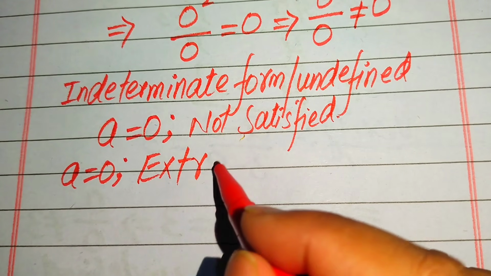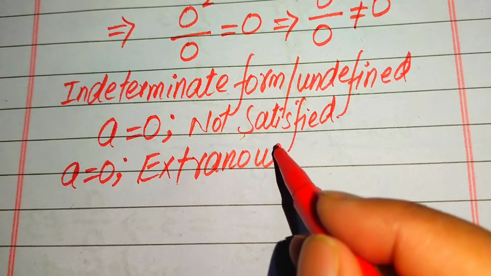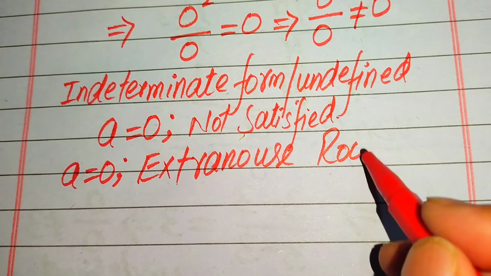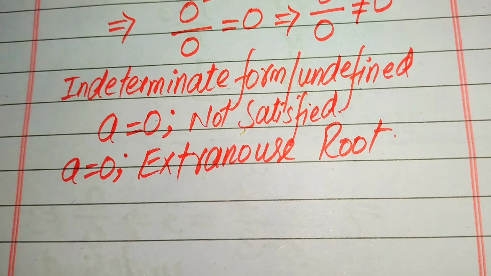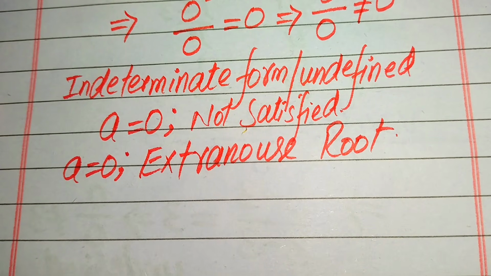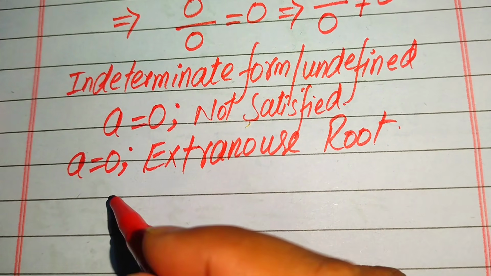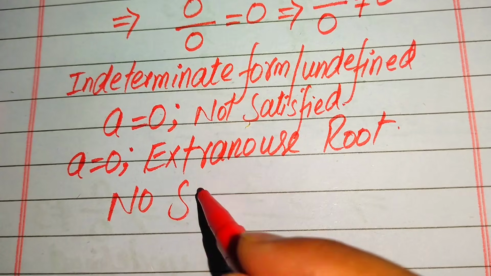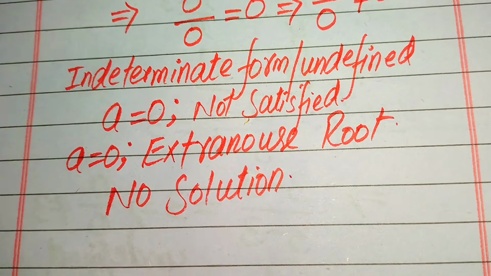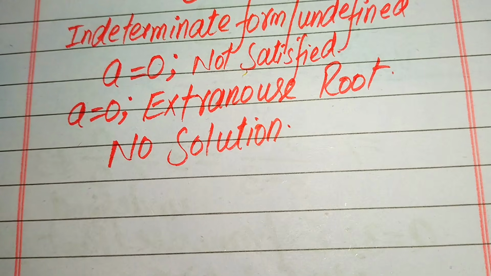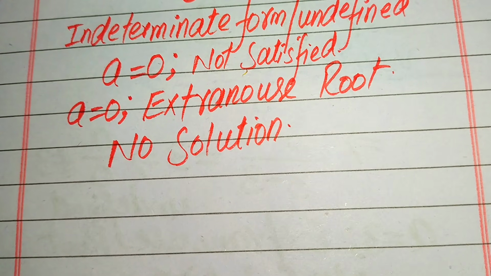Also, you see here we cannot get any other value of a which satisfies our given question statement. So we finally conclude that this question has no solution in general. This is our final answer from the first method.